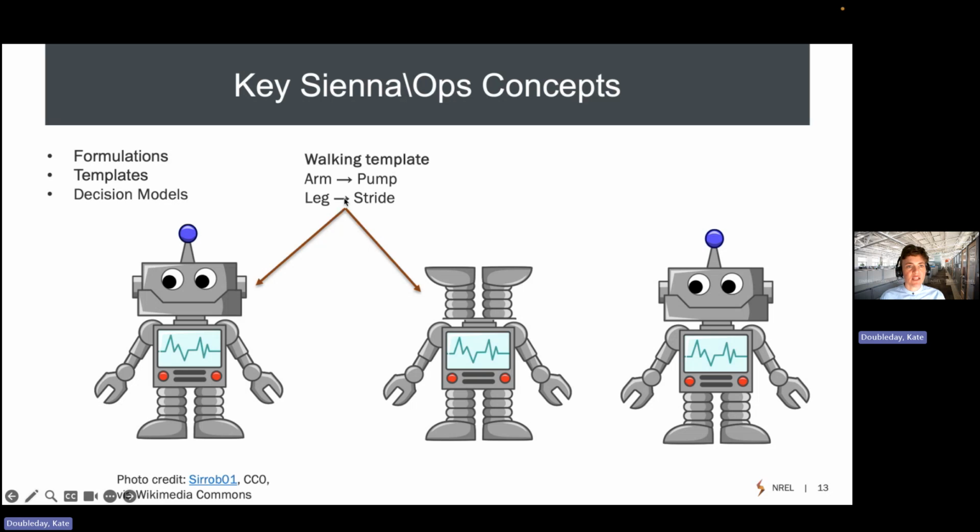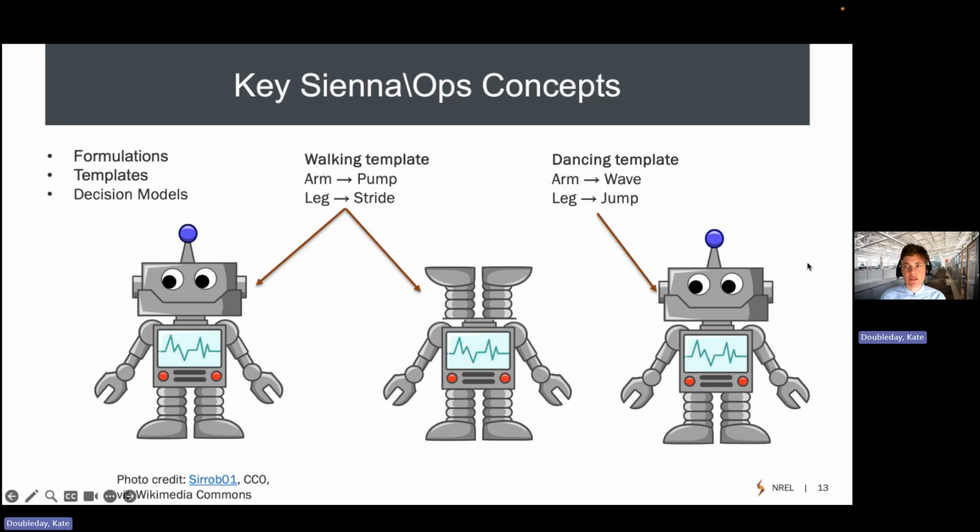So that could be, for example, applying the same behavior to different systems that result in different outcomes, or it could be applying different templates to the same data set. And that's kind of the benefit of the modularity in Sienna of separating these two items, data and behavior. Once we've completed a simulation, we can analyze the results with PowerAnalytics and visualize the results with PowerGraphics.